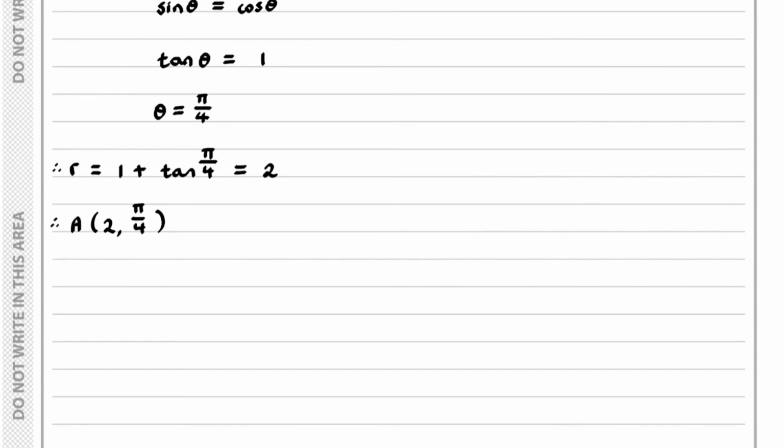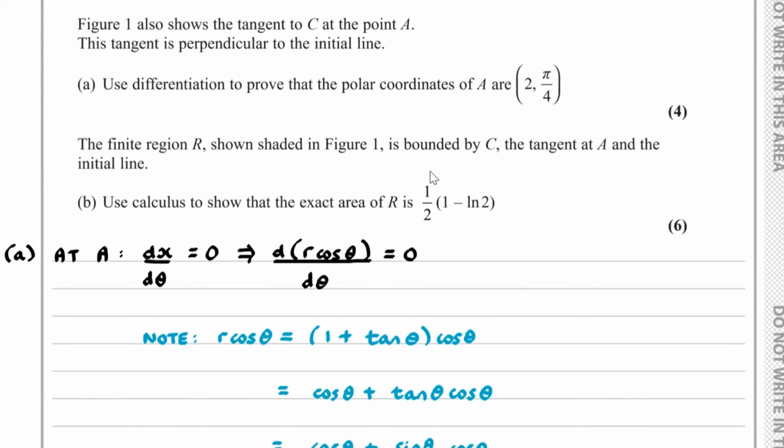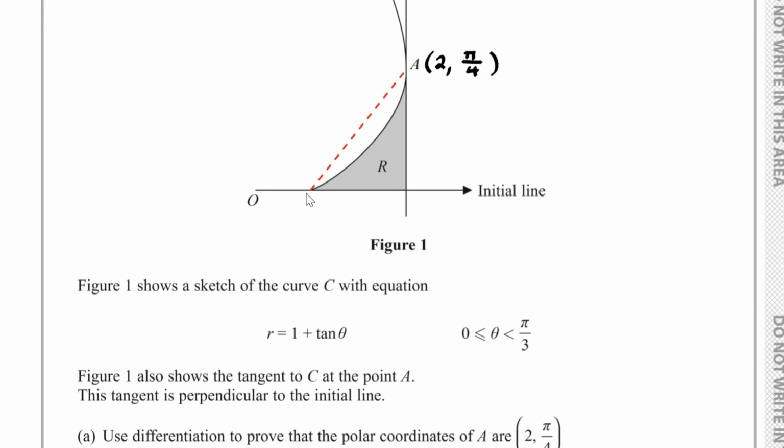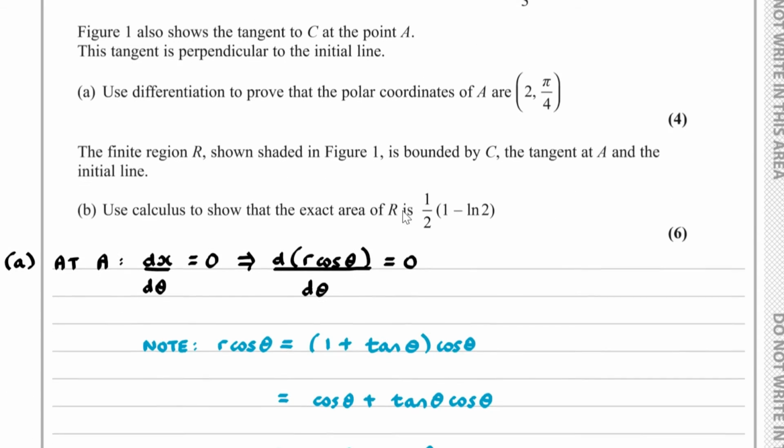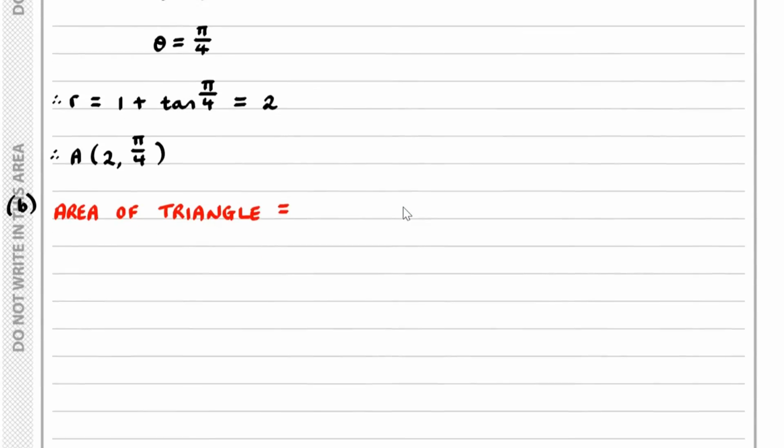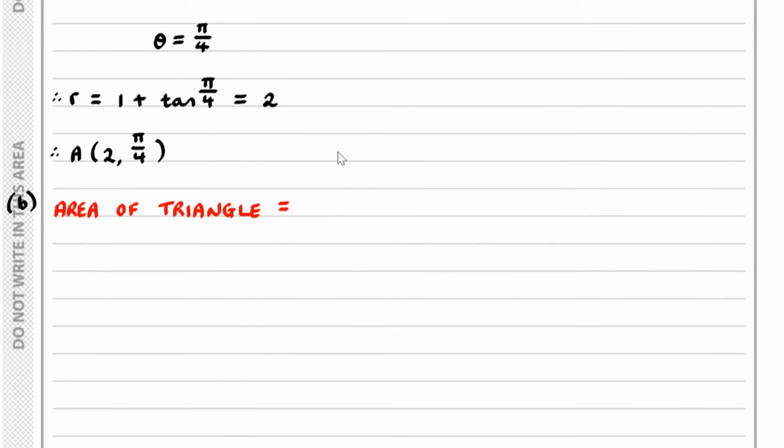So, for part B, the area of the triangle will be 1/2 times the base times by the height, and in Cartesian that's given by 1/2 times x times y.